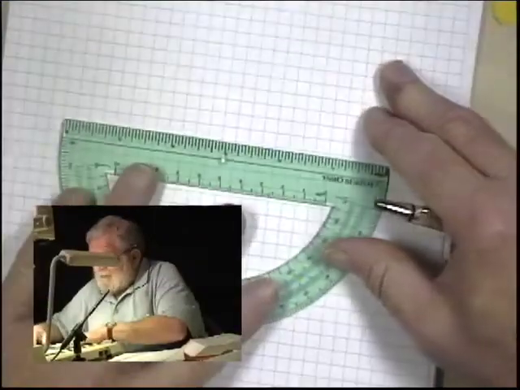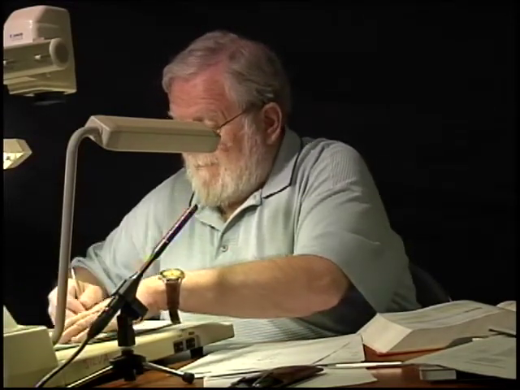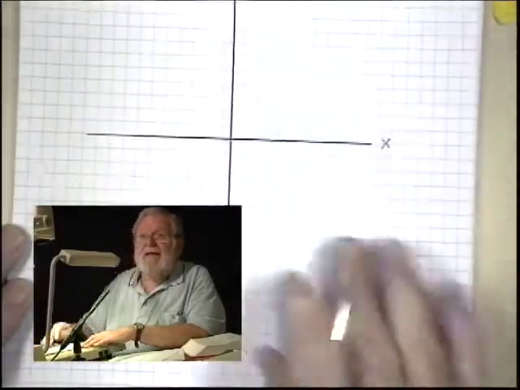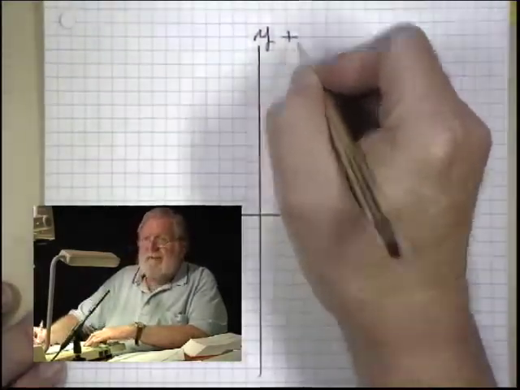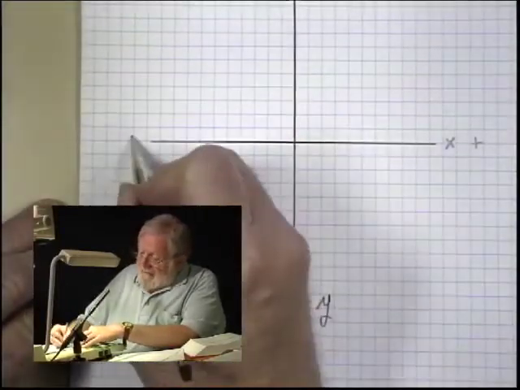I'm going to use a coordinate system. So we'll generate an x and y axis. This will be our x. This will be our y. This is positive, positive, negative y, negative x.